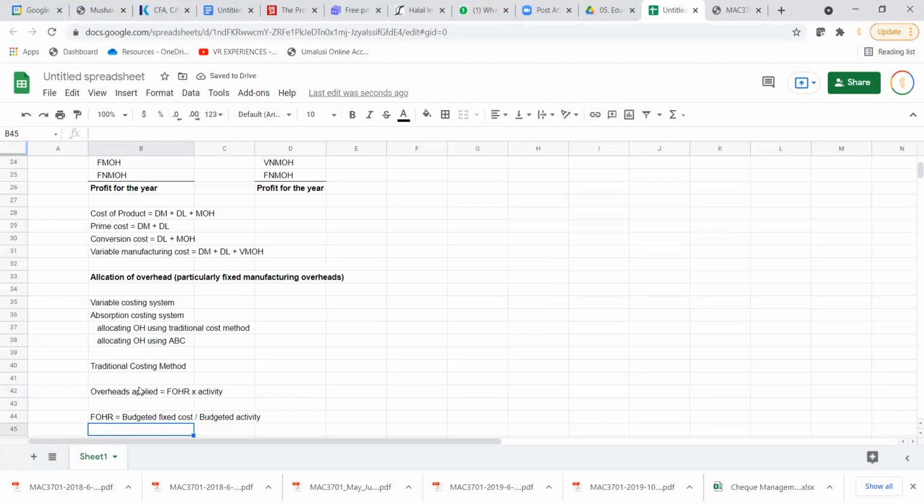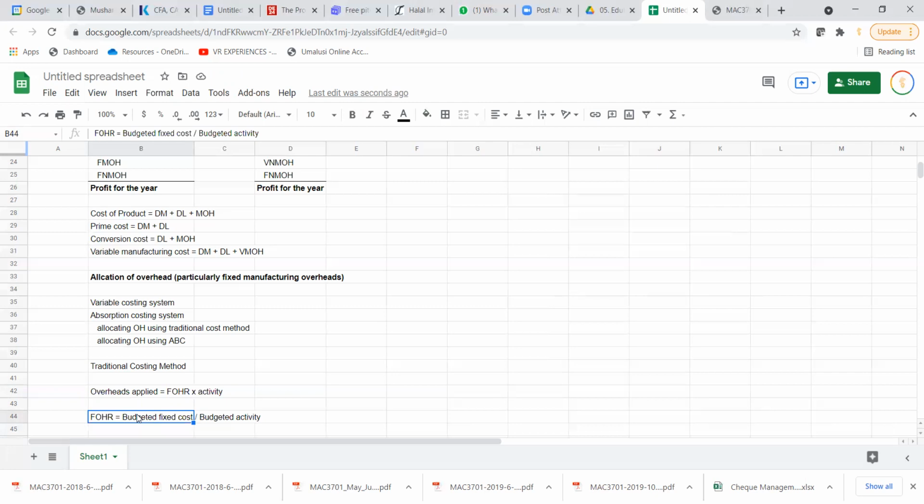The way you calculate the fixed overhead rate, or another term we will use, the predetermined overhead rate, is budgeted costs divided by budgeted activity. I use the word fixed costs because we're mainly focusing on fixed manufacturing overheads.